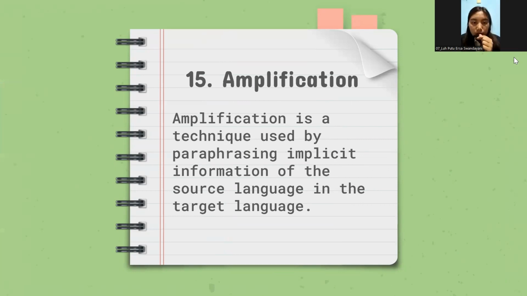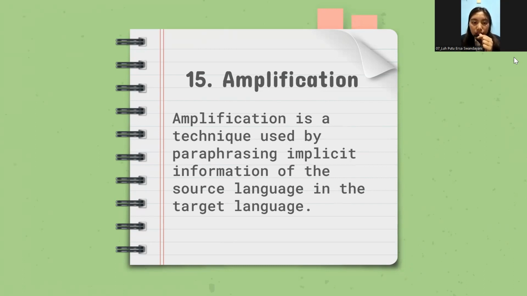Okay, the type number 15 is amplification. Amplification is a technique used by paraphrasing implicit information of the source language in the target language. This technique is used to translate phrases that don't have equivalents in the target language, such as sarung, batik, gado-gado, and so on.